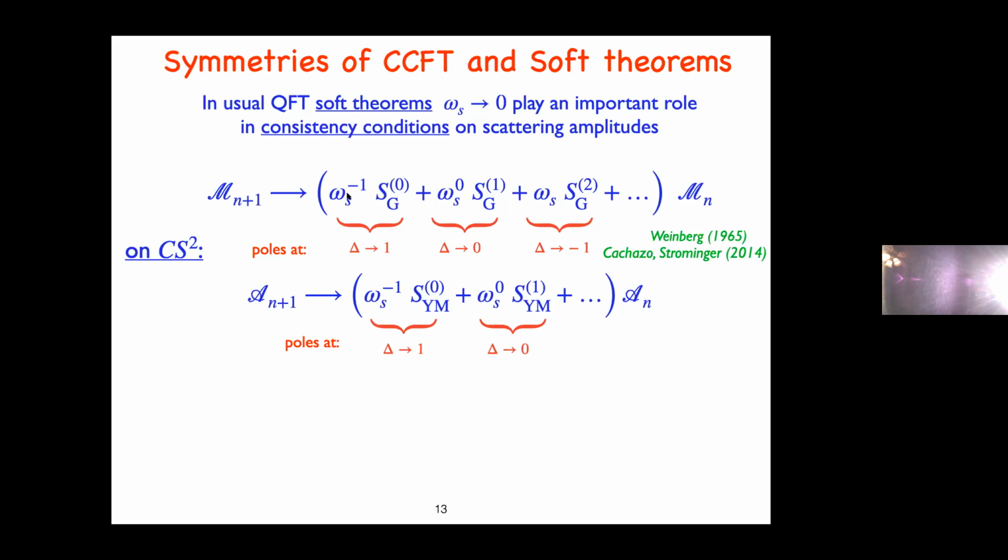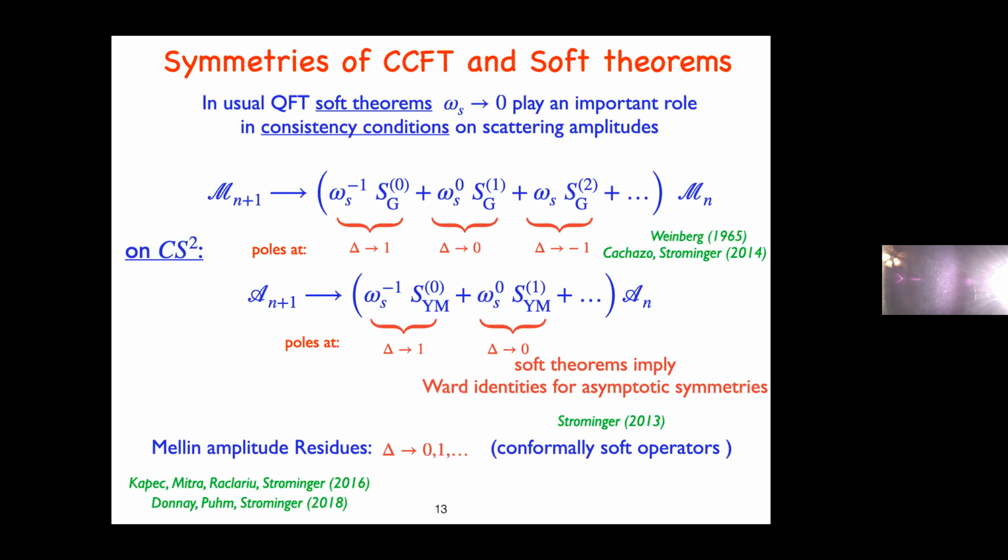That was already discussed by Laura just before. So we find that at specific integer values of the dimensions, the Mellin amplitudes present some residues, so they diverge. And we associate these divergences with what we call conformally soft theorems.